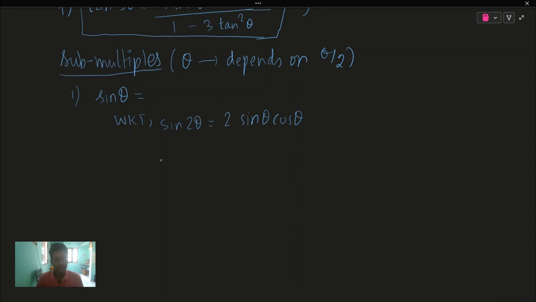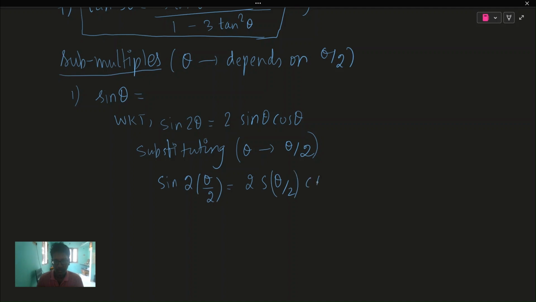So substituting theta as theta by 2, we would get sine of 2 times theta by 2, which is equal to 2 sine theta by 2 cos theta by 2. So hence sine theta can also be written as 2 sine theta by 2 cos theta by 2.